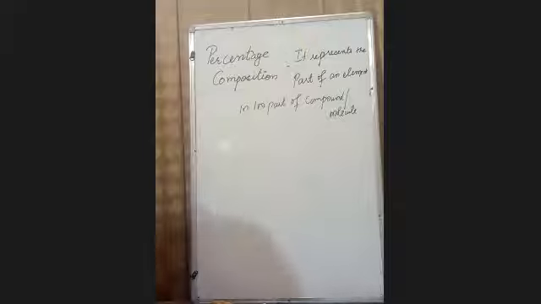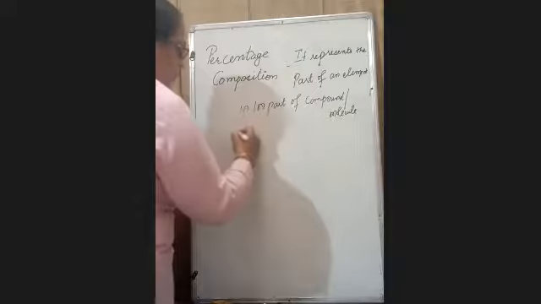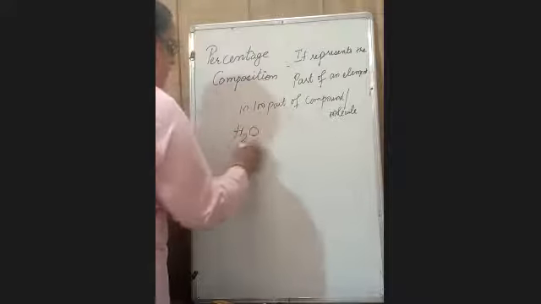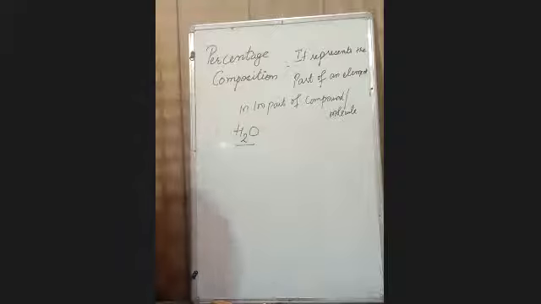For example, I am taking H2O, water, the simplest example. If I ask you to calculate the percentage composition of each element in it, how will we calculate? First, see the formula for this.